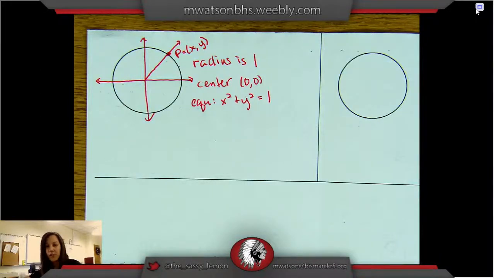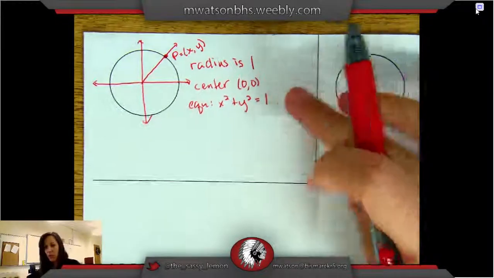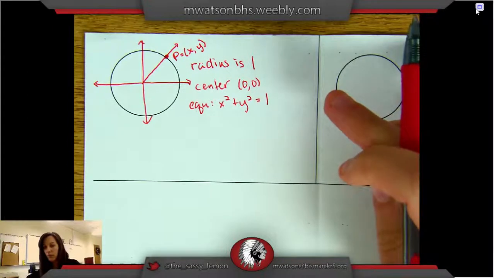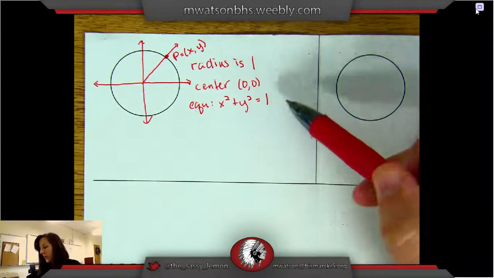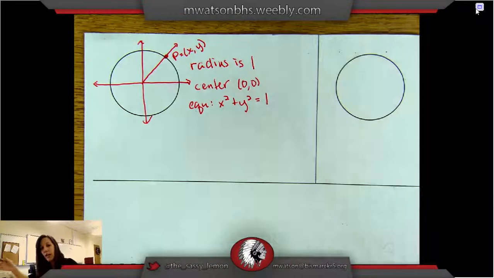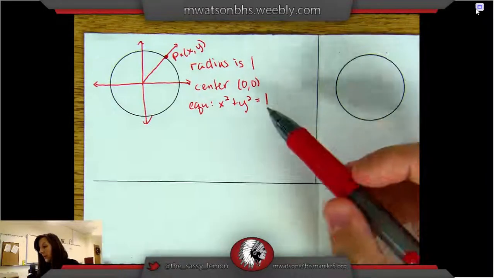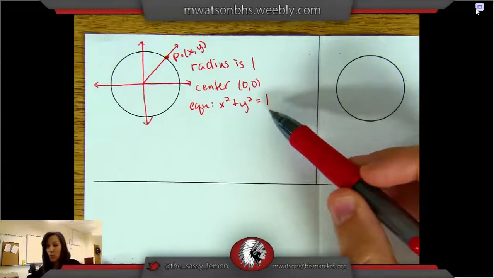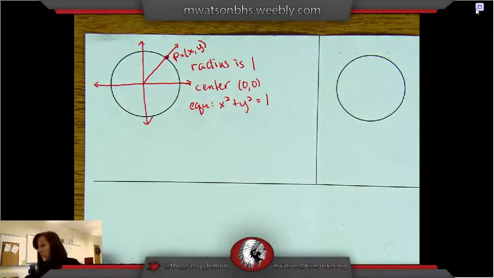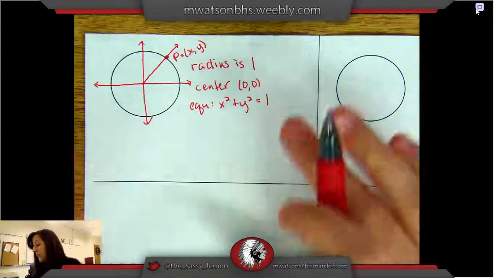Okay, so stay with me. We got that equation from 2 lessons ago, maybe 3, where we talked about the relationship between x, y, and r and how they relate to trig functions. But here, we're going to use this information as part of what we know about the unit circle. So, we know these 3 things.